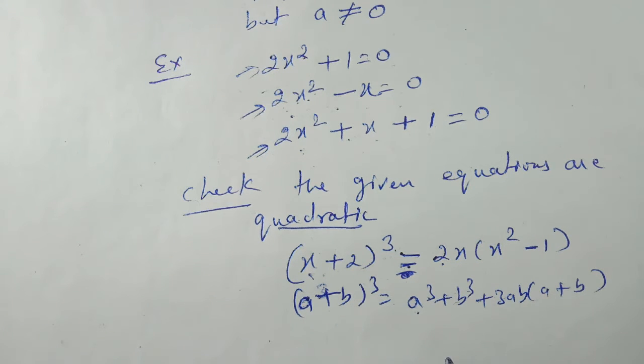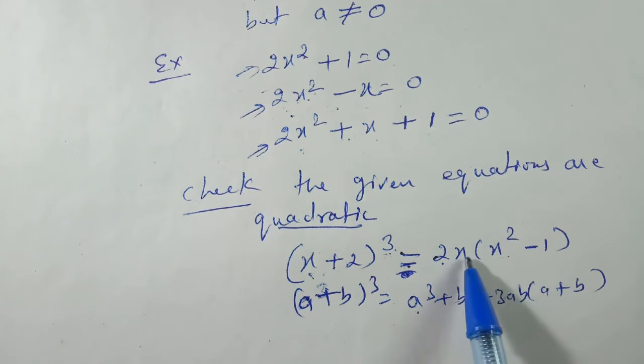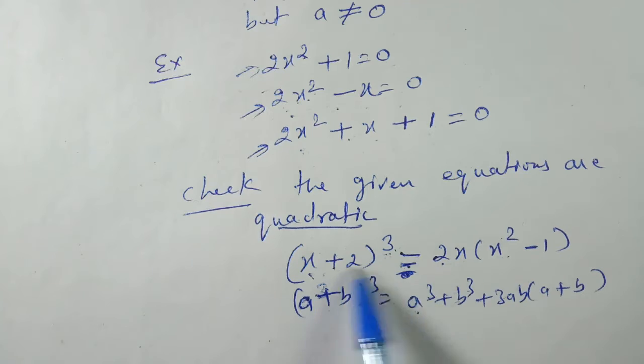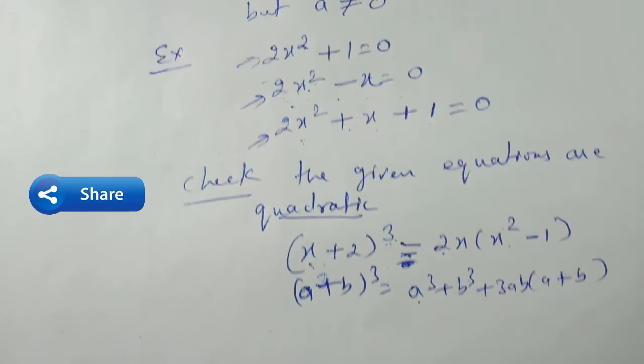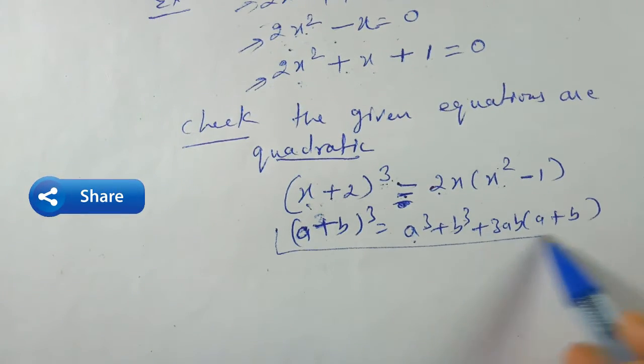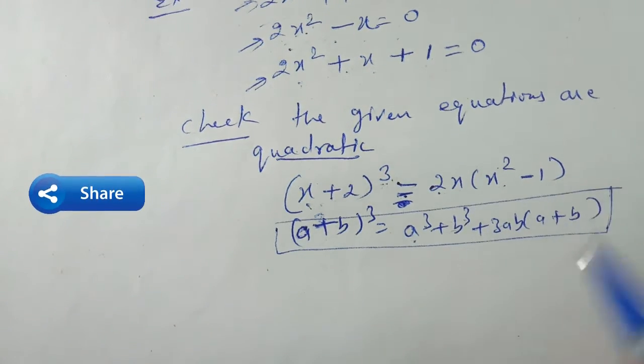On the right hand side also we are observing 2x and here is x square. When we multiply them, power 3 will be formed there also. So it may be possible that when we solve, they will cancel. So first of all we have to do the proper calculation, and then find out whether it is forming a quadratic or not.